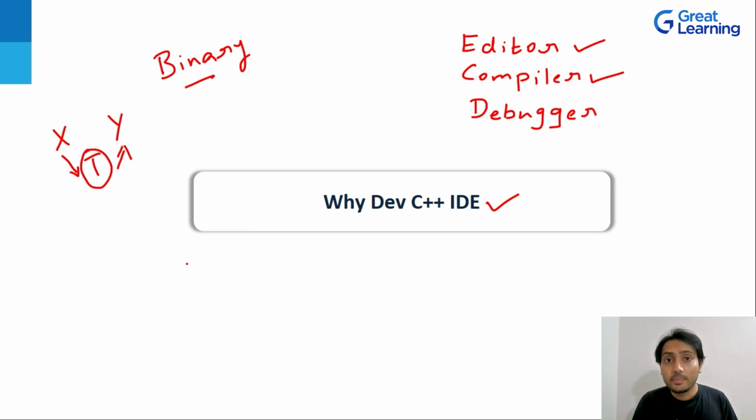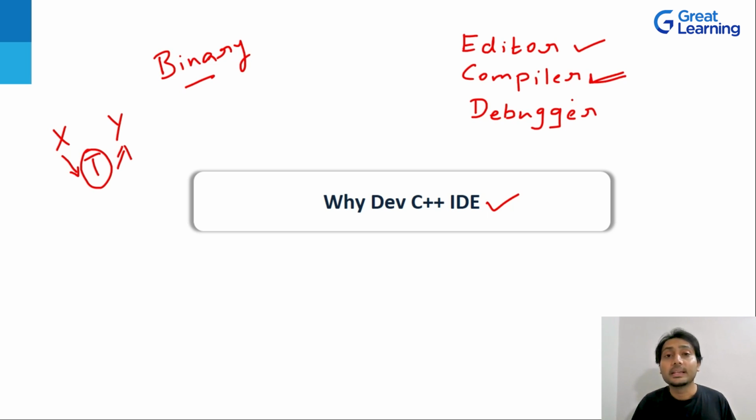In the same way, we write programs in a high level language. That high level code should be converted to machine level code so that your system will understand it, process your program and get you the output. For that purpose, we have a compiler in our Dev C++ IDE.